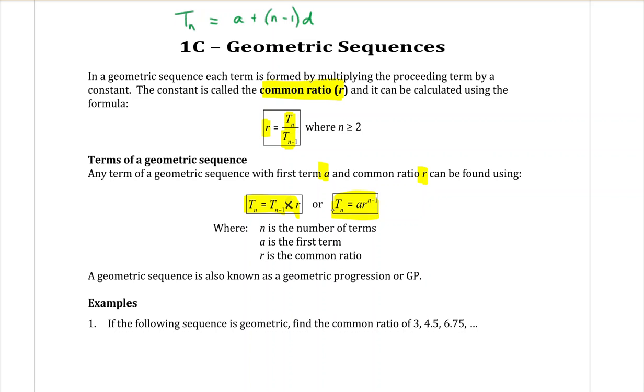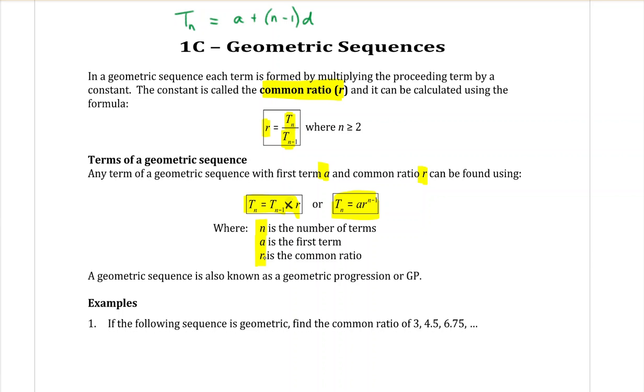To find the term T of n, it is A times R to the power of n minus 1. And there's a reminder here: n is the number of terms, A is the first term, and R is the common ratio. An arithmetic progression, remember, was an AP, so a geometric progression is going to be known as a GP.